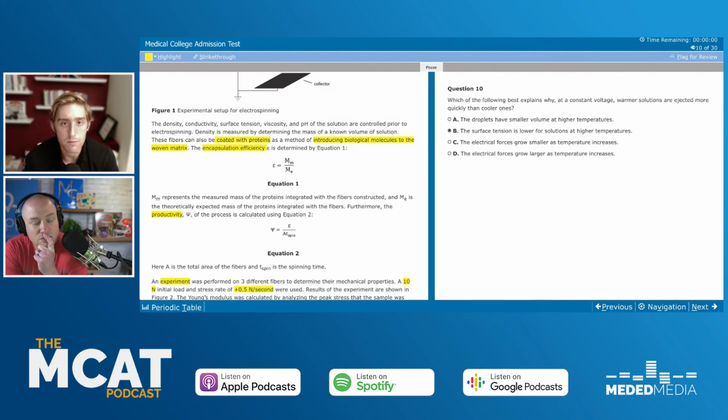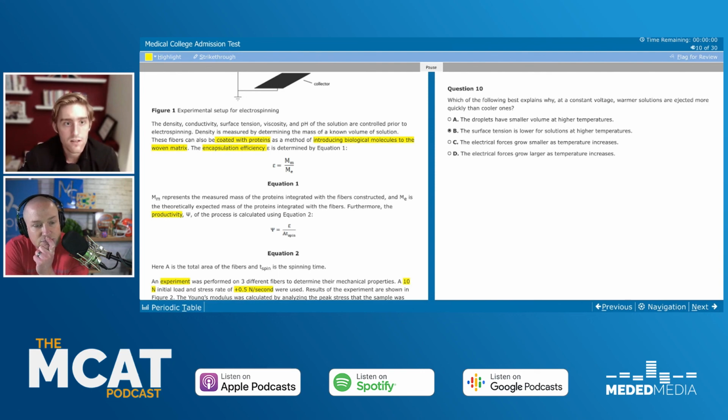Surface tension is a property of cohesion, right? Liquids tend to stick to themselves. And as you increase the temperature, as you increase the average kinetic energy of a liquid, they will have a propensity to stick to each other less, because of course they become increasingly more likely to break away and become vapor. And of course, if you heat them up high enough, they'll start boiling.